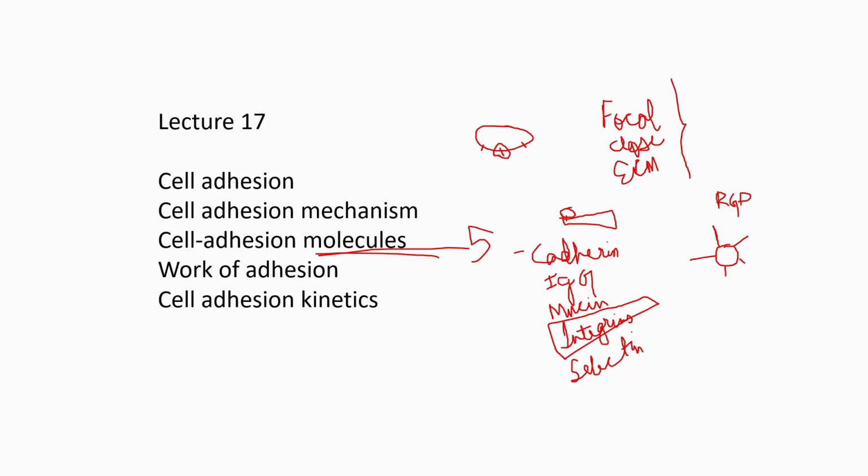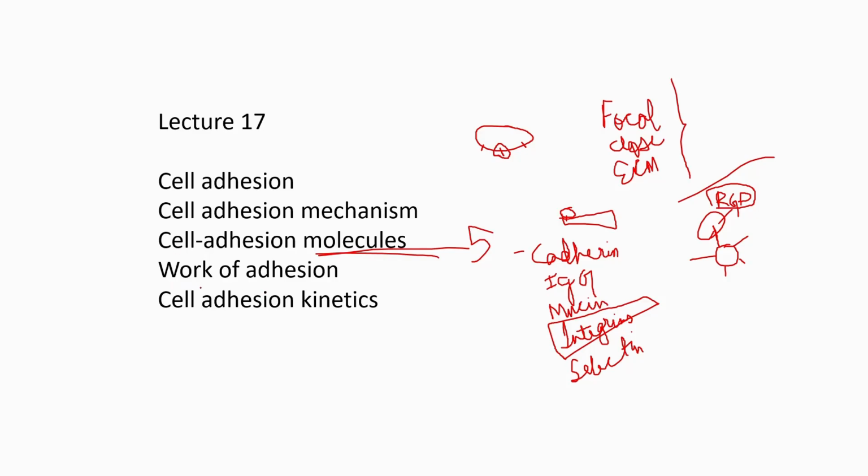So it interacts with sequences having arginine, glycine, and aspartic acid. If this amino acid sequence is present, then integrin can bind with it because of its receptor domain. Similarly, there are other receptor domains to bind to different sequences.